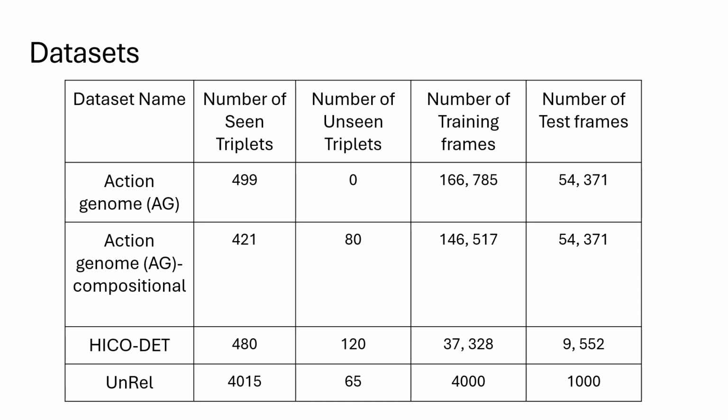To show the effectiveness of our network, we have evaluated it on three standard benchmark datasets: Action Genome, HECO-date, and Unreal datasets. Among these datasets, the commonly used Action Genome dataset doesn't have any compositional split. So we created a compositional split ourselves to evaluate DDS under compositional setting. This split is mentioned in the second row of the table.